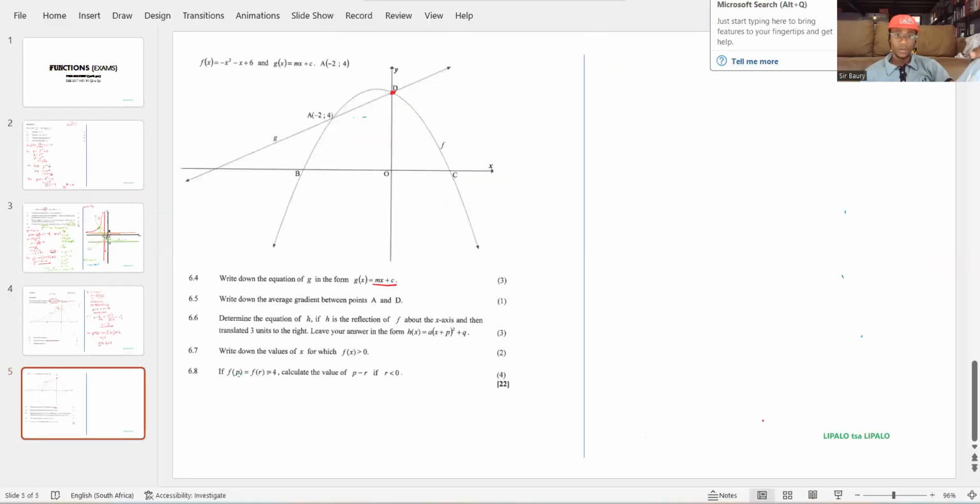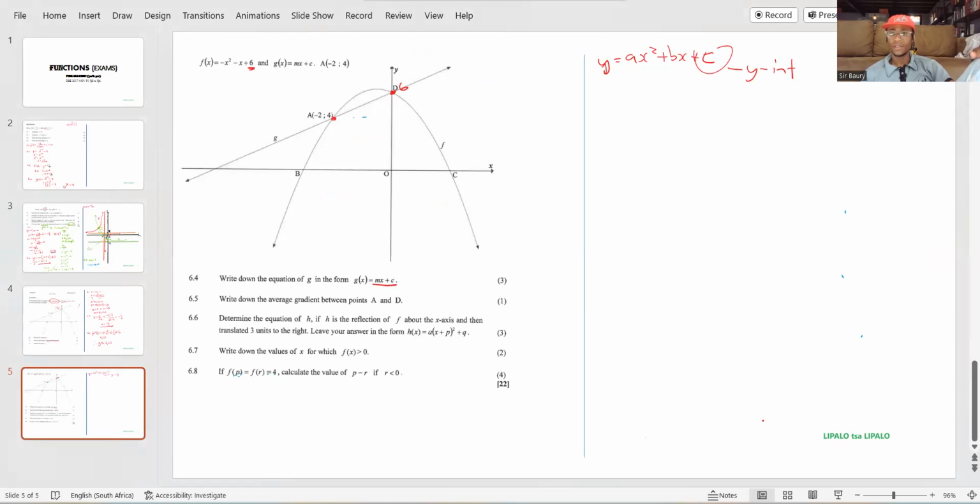You are given 2 points. Here, I know that this is C. y equals ax squared plus bx plus c. The constant is the y-intercept. So what's the y-intercept? It's 6. The value of x is going to be 0, of course. I know that y is equal to mx plus c.